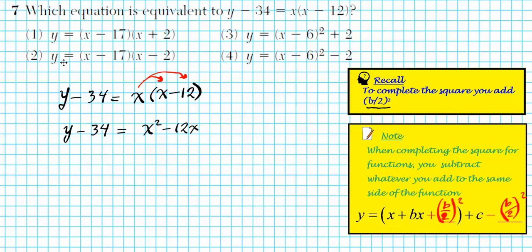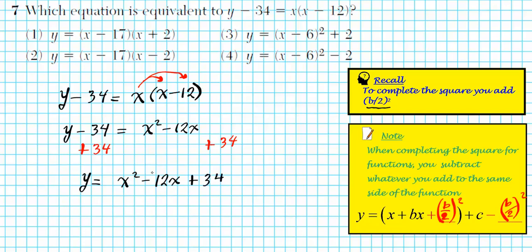Okay, if you look at the options we have here, you notice that y is isolated. So to accomplish that, we add 34 to both sides of our equation. That yields y equals x squared minus 12x plus 34.